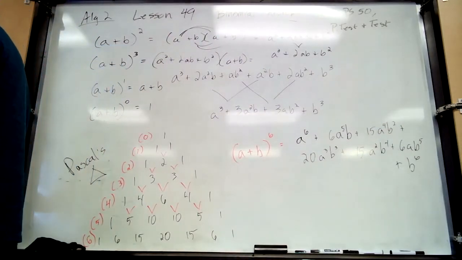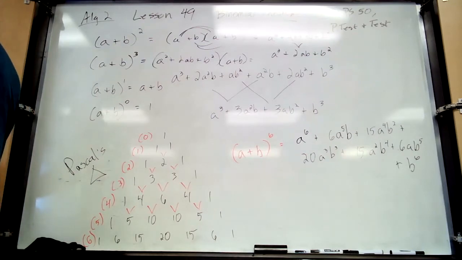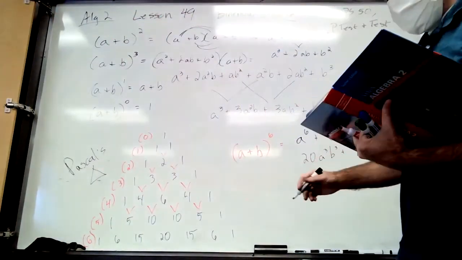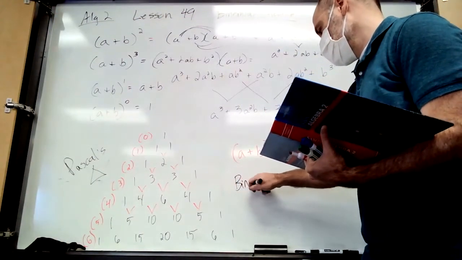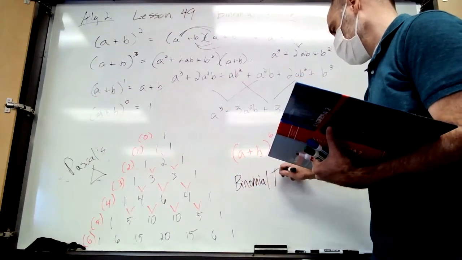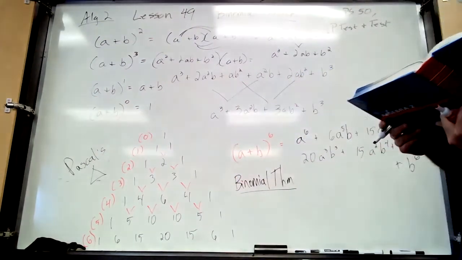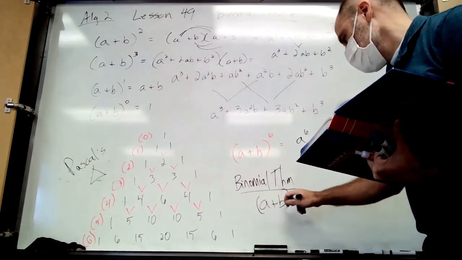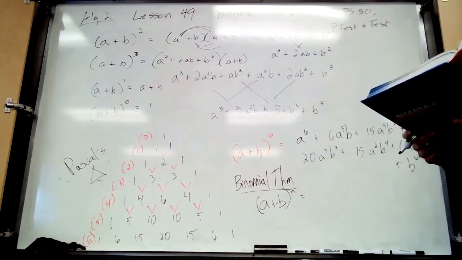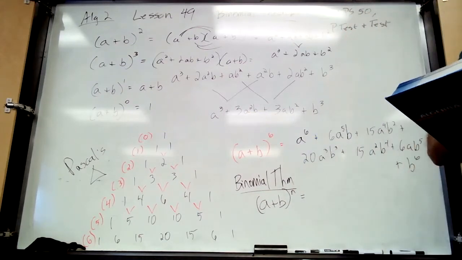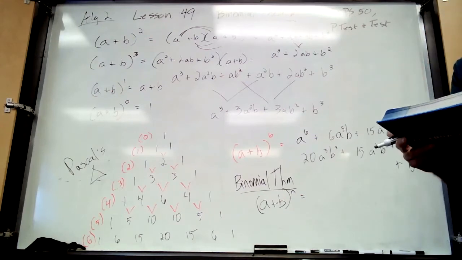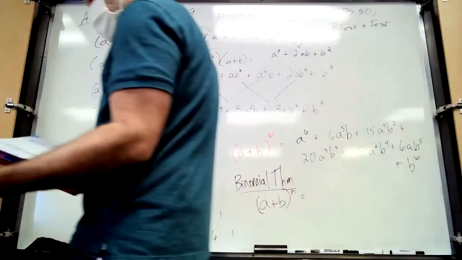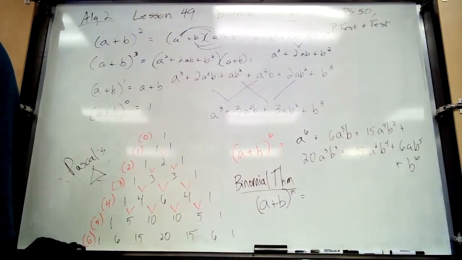So here's the binomial theorem, and this is weird how it's written, but this is the binomial theorem. So a plus b to the n equals. So you have this constant. Oh, I can't read it all. So this is actually using the combination.